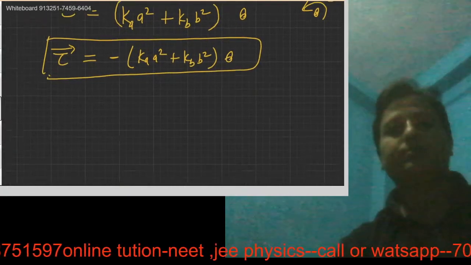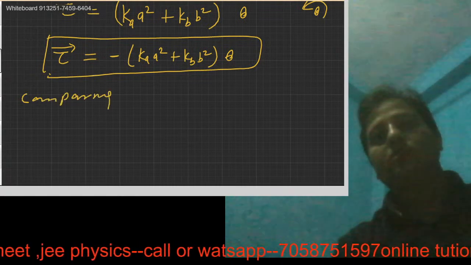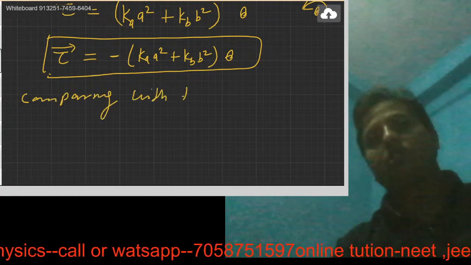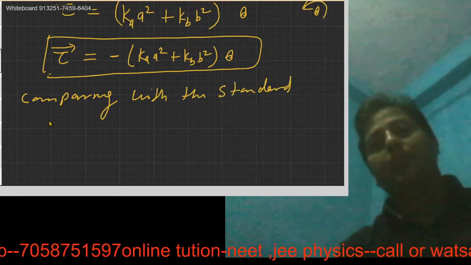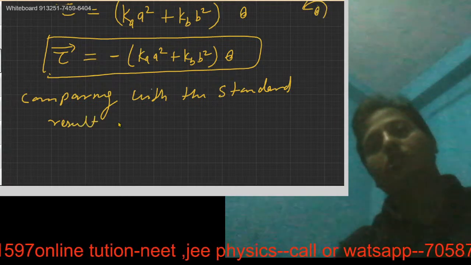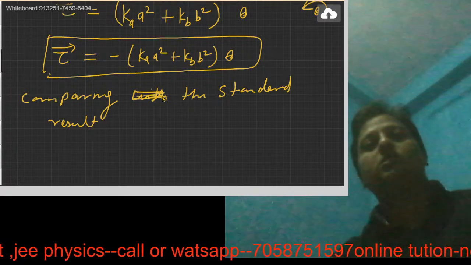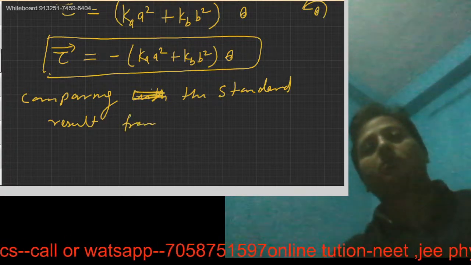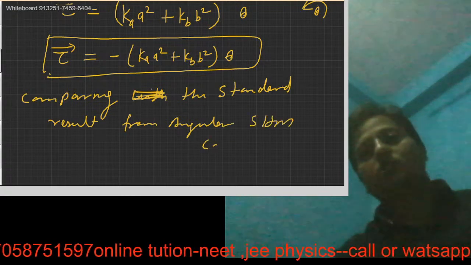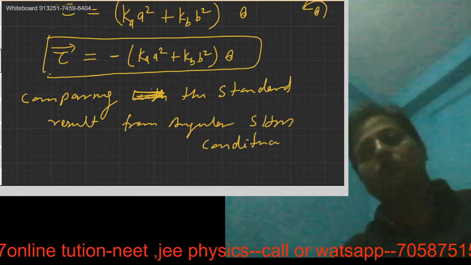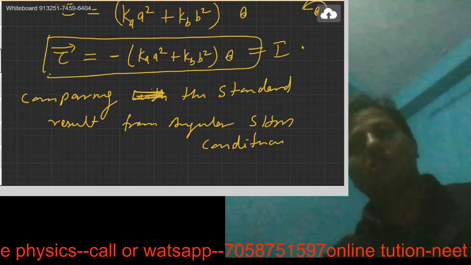Comparing with the standard result from angular SHM condition, we have torque equals I into alpha.